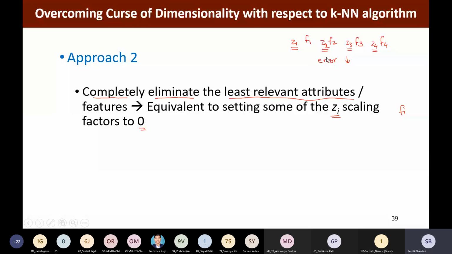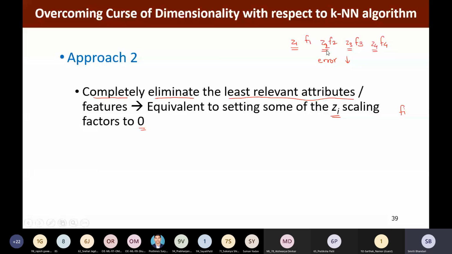Right? This was approach number 1. Fine. So what we did earlier, we were having different weights associated with different features, and through experimentation we identified which feature is most appropriate. For that feature we were providing higher weight, and whichever is the feature that is not relevant, we are providing the least weight to that feature.